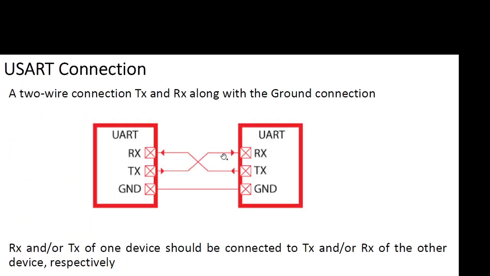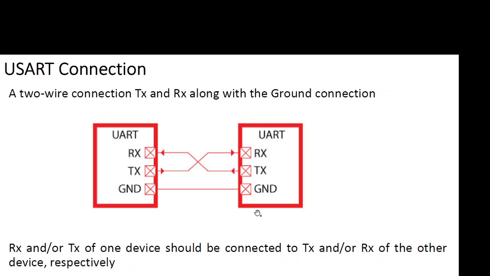And the typical USART or typical serial port communication connection looks like this, which is shown in the image. So the transmitter pin of one has to be connected to the receiver pin of the other, and the receiver pin of that has to be connected to the transmitter pin of the other, and the ground should be connected.